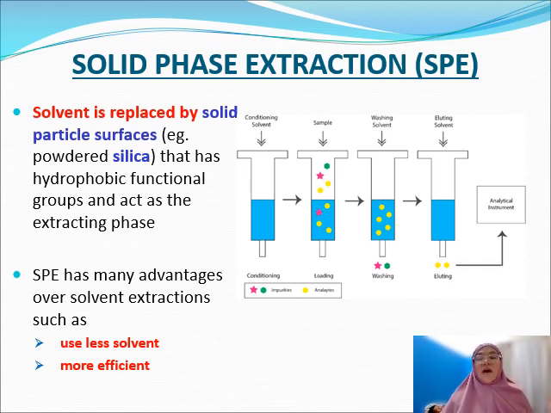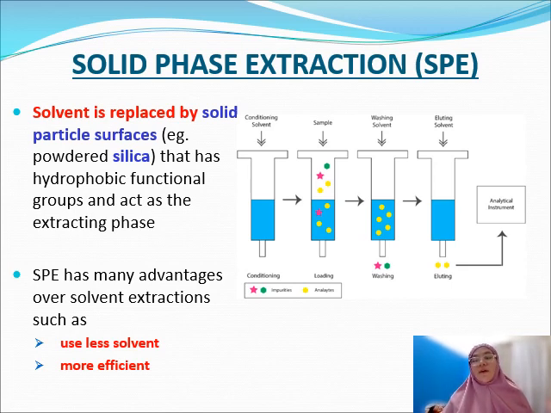After you add the conditioner solvent, you add your sample mixture. Then you have to add the washing solvent, which will wash away the components that you do not want. It leaves the components that can attach to the silica.